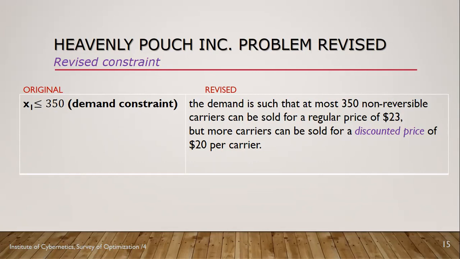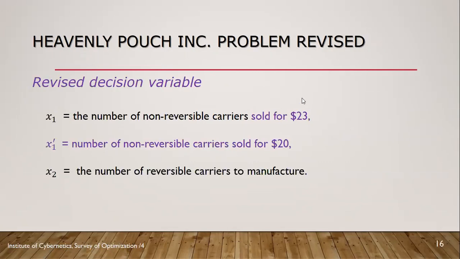Now let's look at how it affects the model and which changes we need to make to the original model. First, look at the definition of the decision variables. Non-reversible carriers we can now separate into two groups: the ones sold for the regular price, and the ones sold for the discounted price.